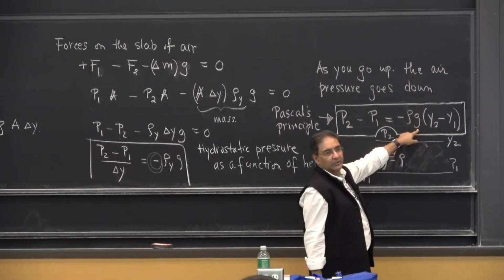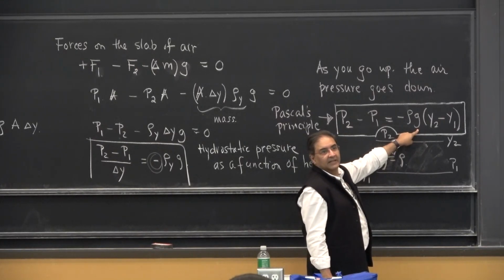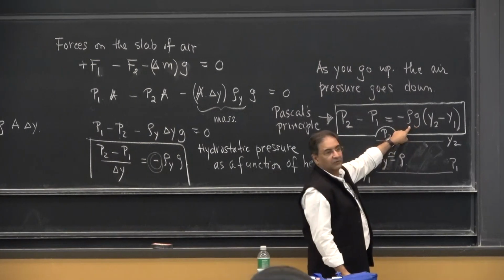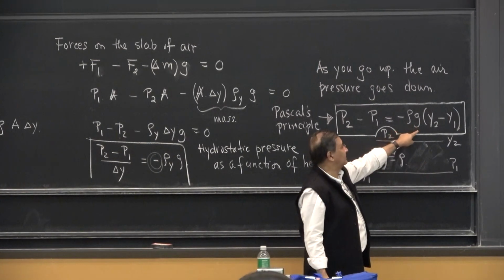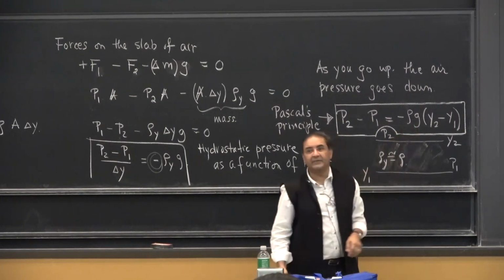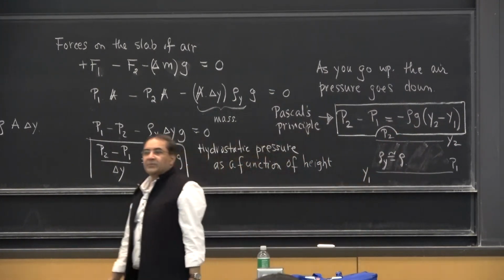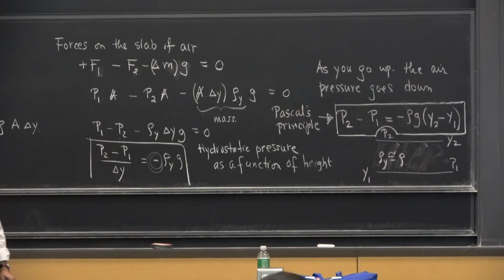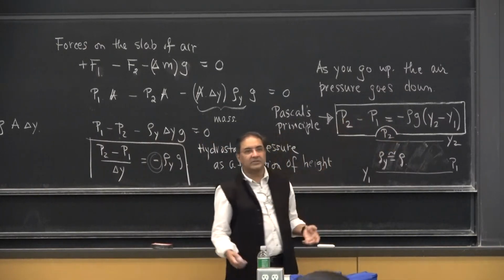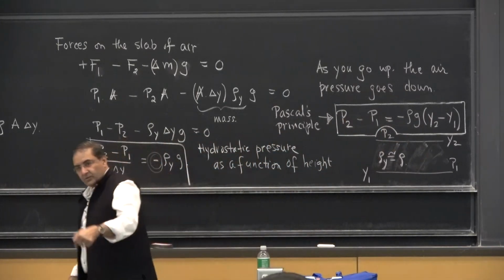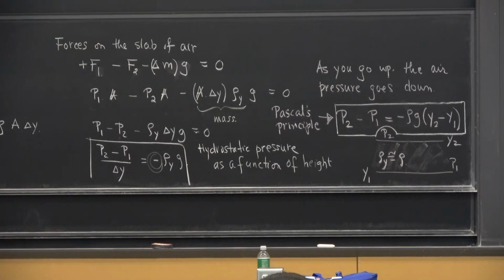So in other words, you can imagine that as you enter Jupiter, first of all, the density of the gases involved is different than on Earth, but the acceleration due to gravity, because Jupiter is so large, is incredibly large compared to what we are used to. And therefore, even going a small depth in Jupiter will result in a large pressure change as you are entering into the Jupiter atmosphere.